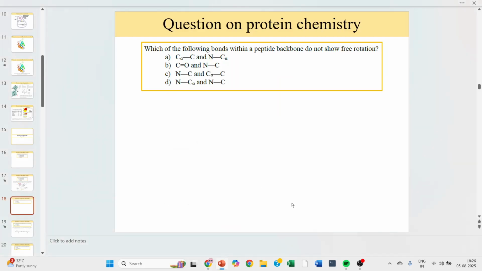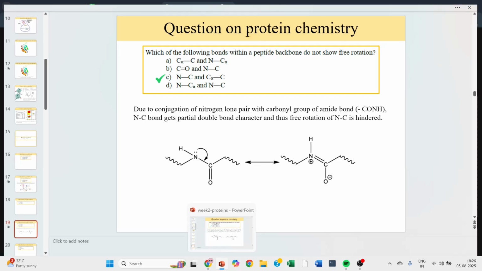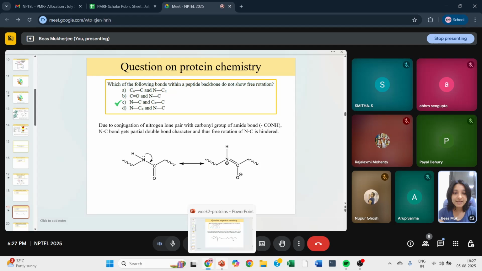Let's see the right answer. The right answer is actually N-C. N-C is this peptide bond, and C alpha-C is psi. Due to conjugation, N-C is definitely the right answer, but I will actually have to check. I'm not sure about C alpha-C, because C alpha-C is psi, and psi actually has free rotation. Okay, I'll check this answer once again. Right, so we move on to the next question.